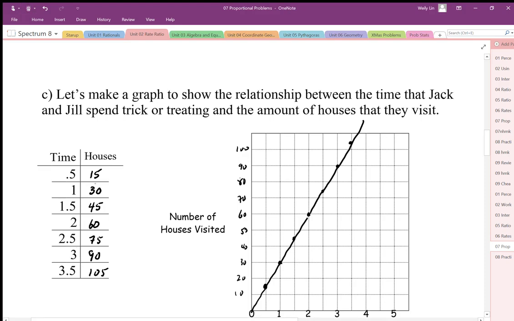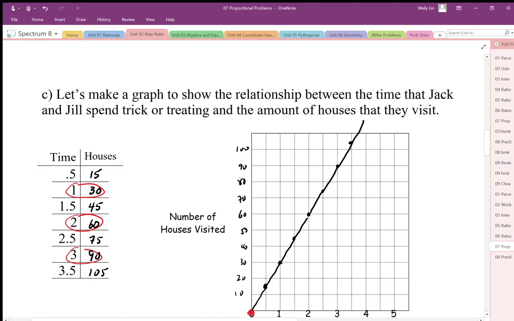In fact, all of these are equivalent proportions, and when we have these all in proportion like this, we end up with a straight line that goes through the origin 0, 0.